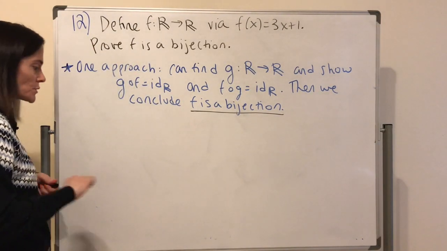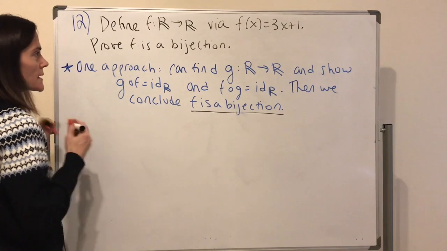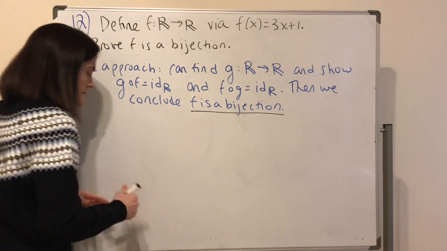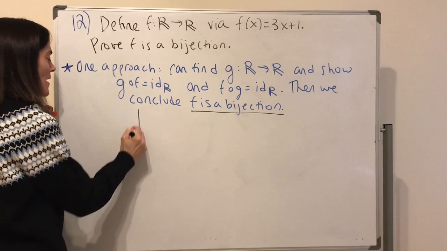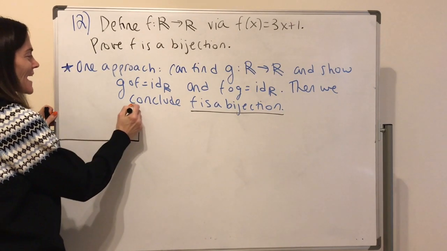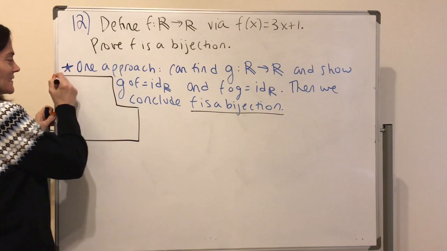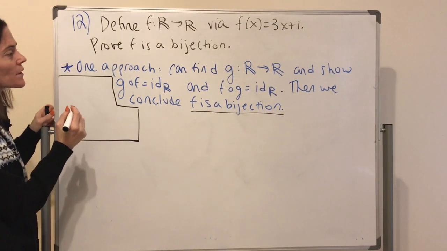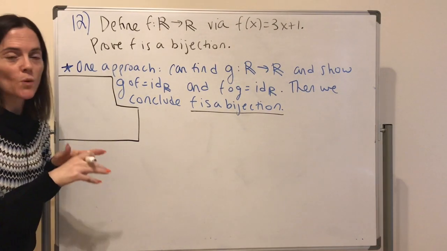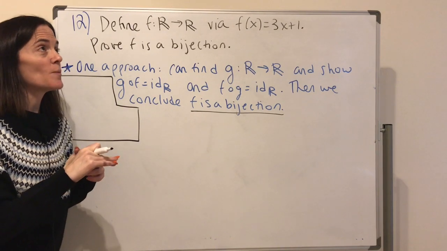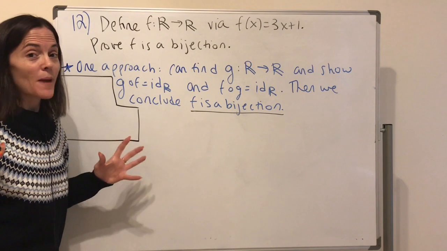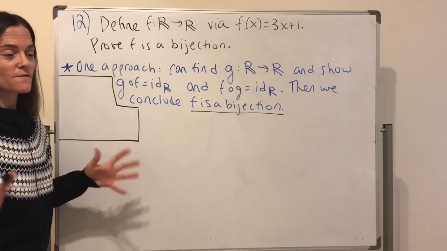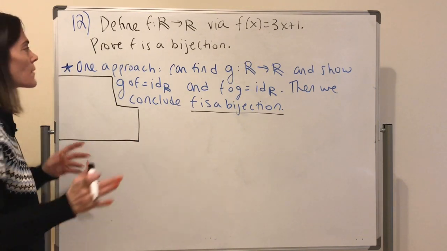And one thing that I will do, one more step before I get into my proof, is I'll make a little side work box over here. Maybe I'll do it in black. Okay, so this is side work because I have to figure out what G is going to be. And this might take you back to some math class in your past where you found inverses of functions, just calculate them, right?